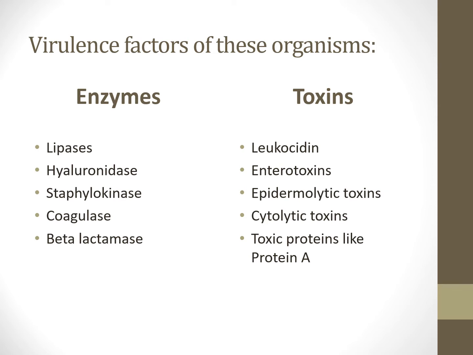We have the cytolytic toxins, which destroy certain cellular items, for example, platelets. And then we've got toxic proteins like protein A. Protein A actually binds to immunoglobulins, so it can't cooperate with phagocytes. So that's a list of the enzymes and toxins that make staphylococcus and micrococcus especially pathogenic.